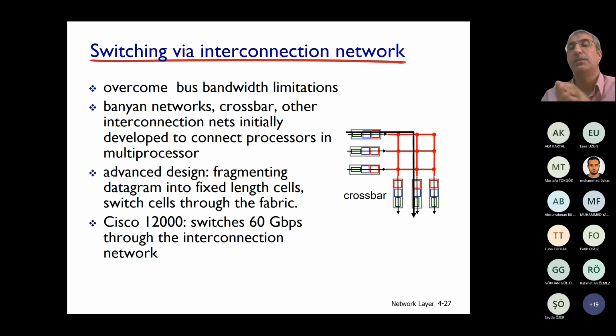So we split the datagram into cells, and then we transfer them through the fabric. The Cisco 12000 series of switches utilize this method, which can switch up to 60 gigabits per second.